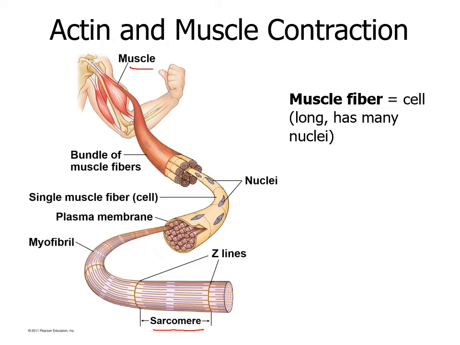Myofibrils are consecutive sarcomeres. So a sarcomere goes from Z line to Z line. And within a sarcomere are both actin and myosin filaments. So the actin are shown here as the tan lines and the myosin as the purple lines. And we'll see those in more detail right away.